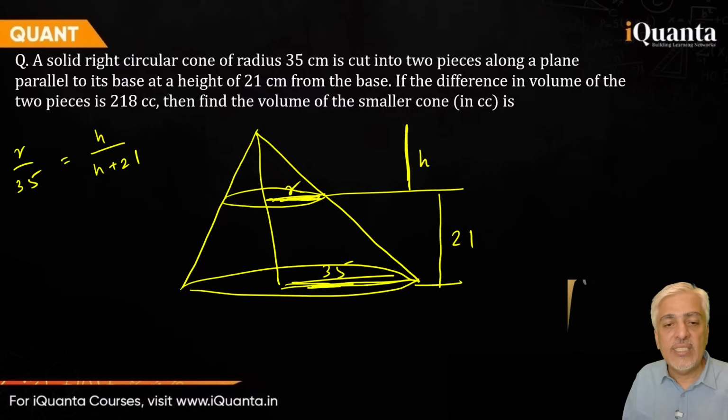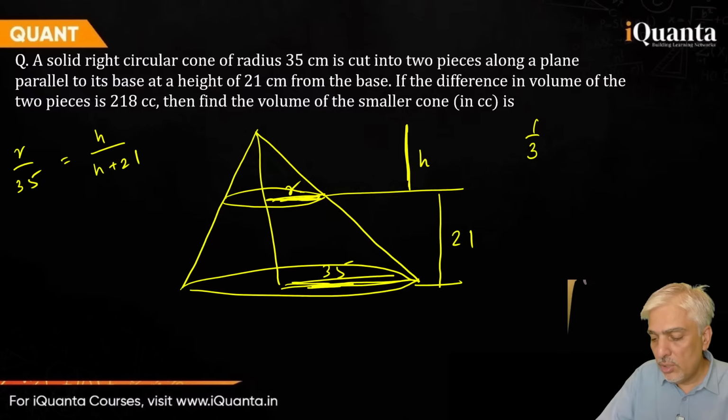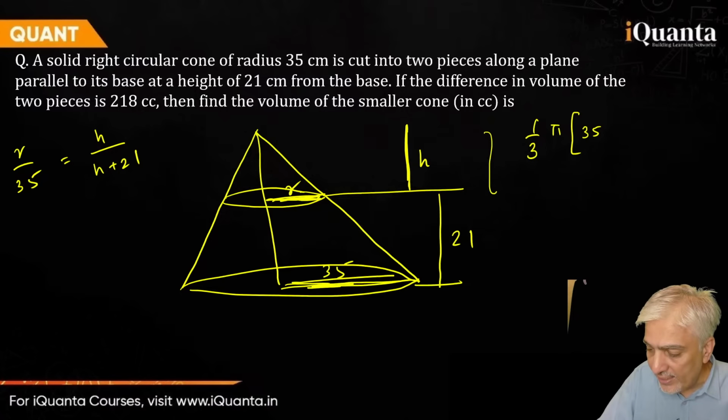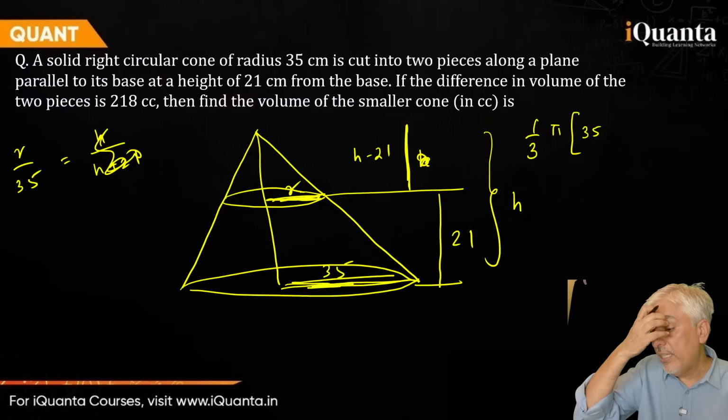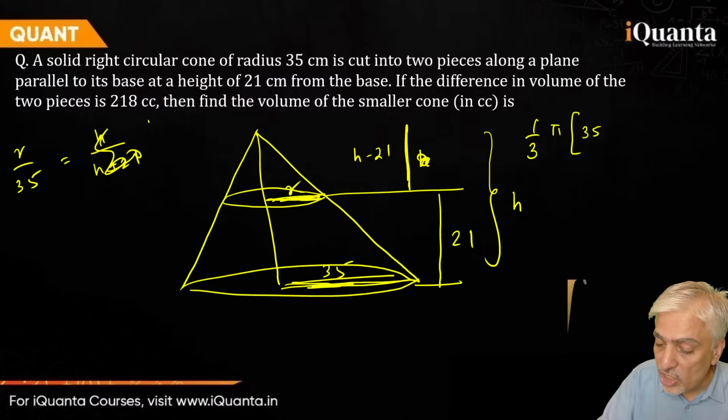Now, difference is 218. Difference is 1/3 pi r square h. So 1/3 pi common, 35 square. Actually, let's do it another way: take the whole as h and this as h minus 21. So we will get r upon 35 is h minus 21 upon h.